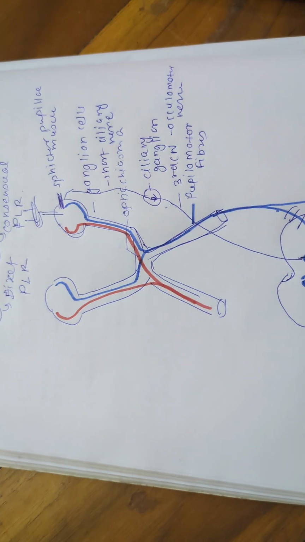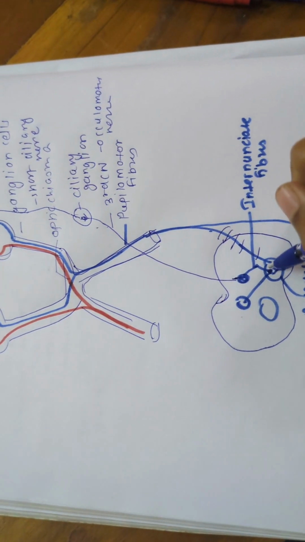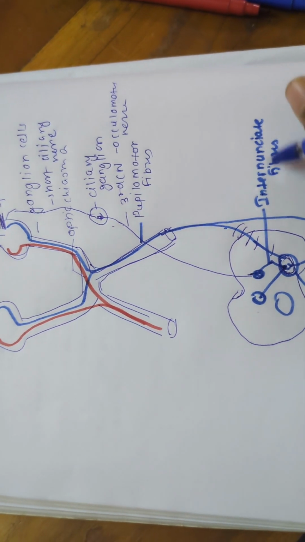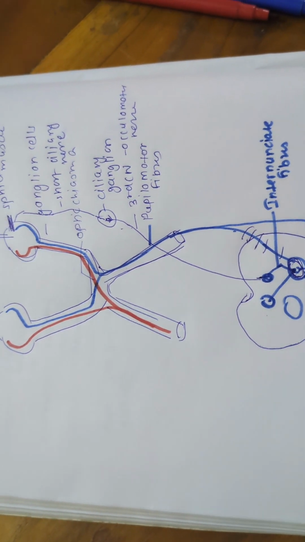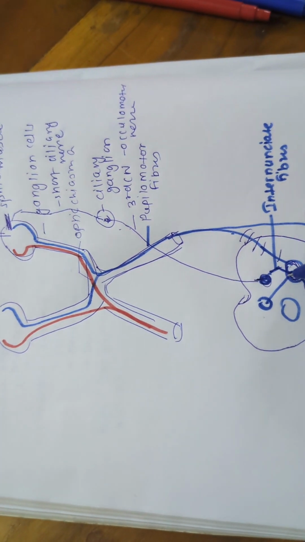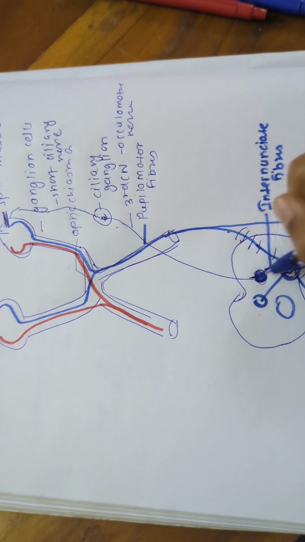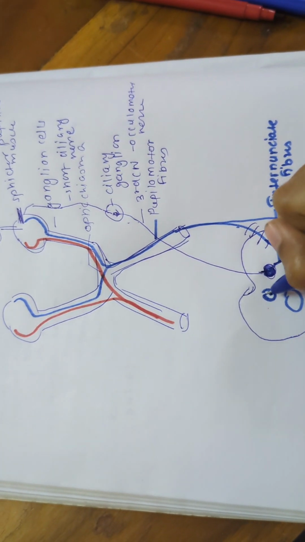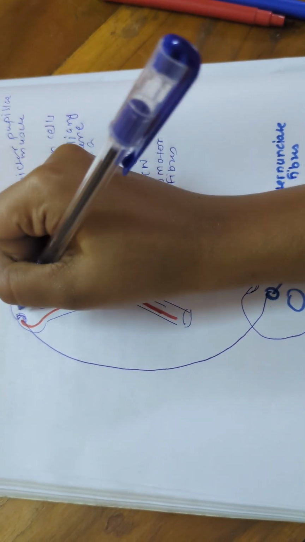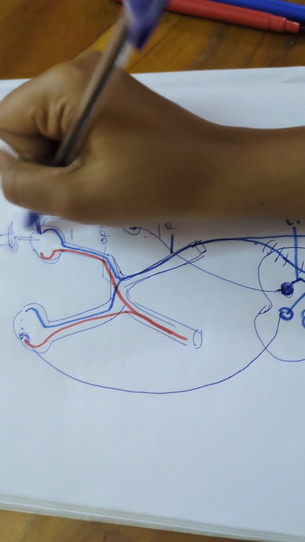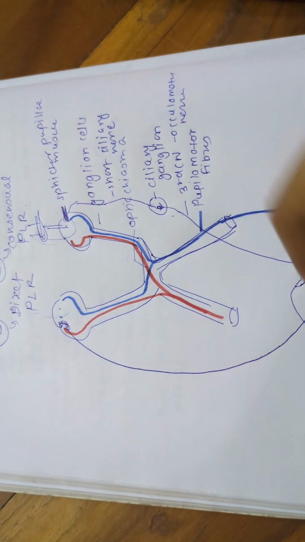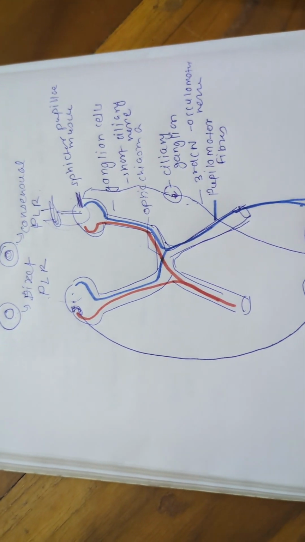But for consensual light reflex, the key factor is this: at the pretectal nucleus, the internuclear fibers terminate on both sides, not just on one side, they terminate bilaterally. So these fibers also are responsible for constriction of this side of pupil. So when light is shown in one eye, the pupil of the other eye also constricts. So this is what pupillary light reflex is basically about.